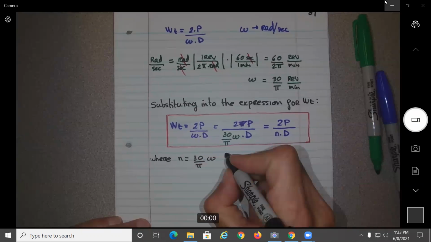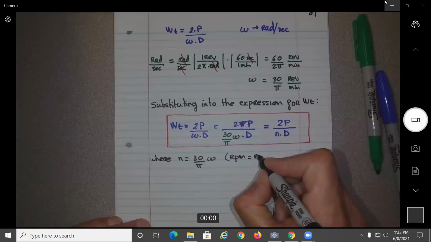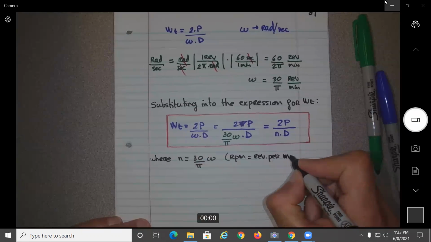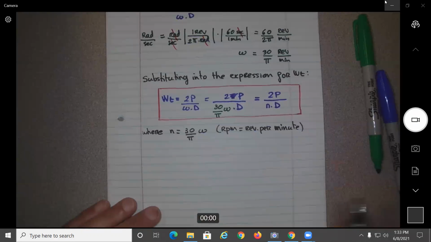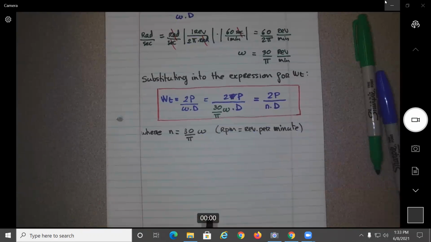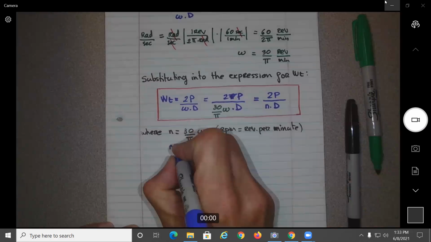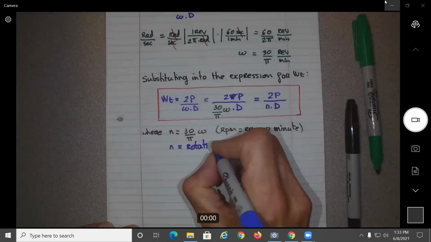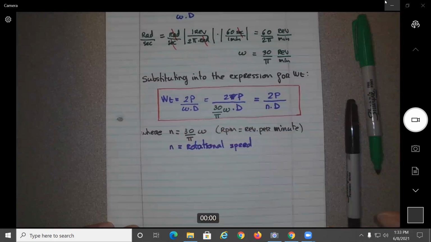So this is the RPM, the revolutions per minute, at which your shaft will be turning, or oscillating. And N is known as the rotational speed.